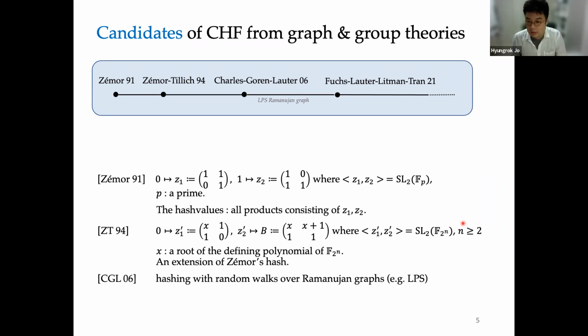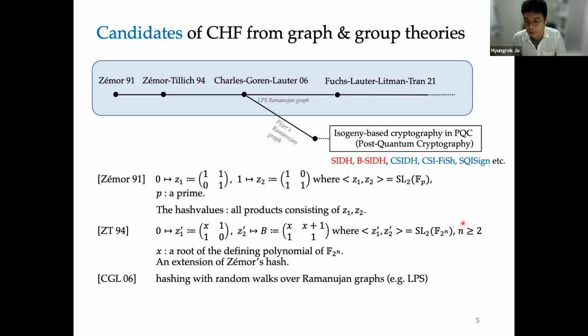In 2006, Charles, Goren and Lauter suggested a hash function based on Ramanujan graphs. There are 2 kinds of Ramanujan graphs. One is based on the Lubotzky-Phillips-Sarnak graph, abbreviated as the LPS graph. The other is based on Pizer's Ramanujan graph, which became an essential idea for supersingular isogeny Diffie-Hellman key exchange.